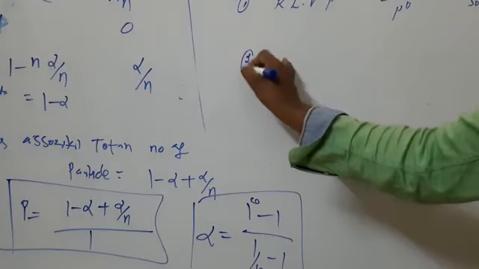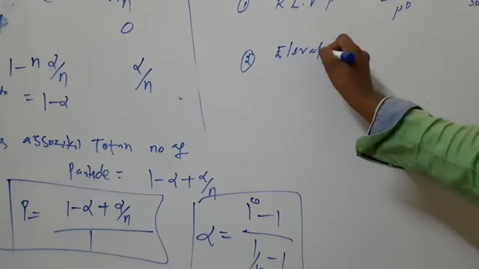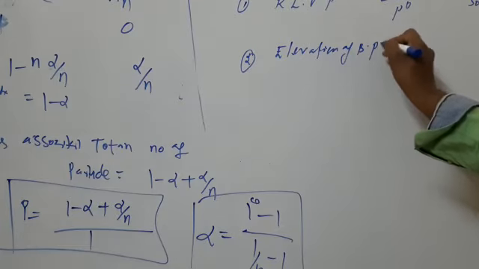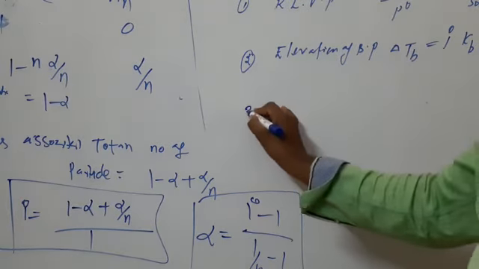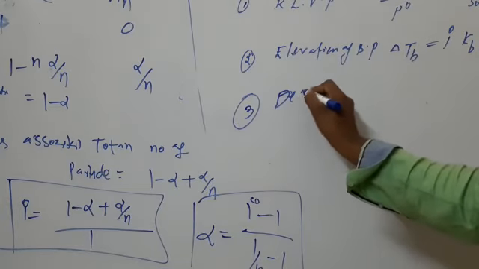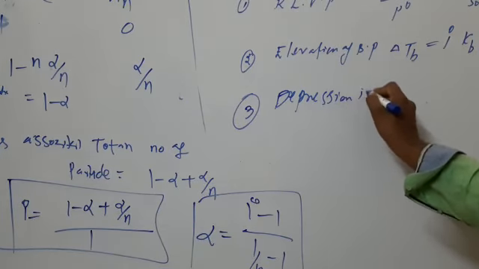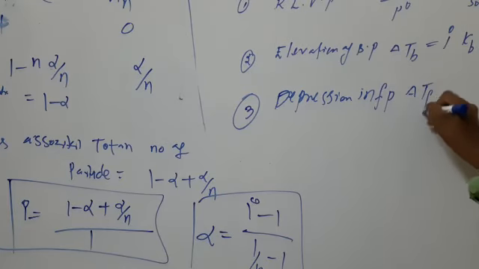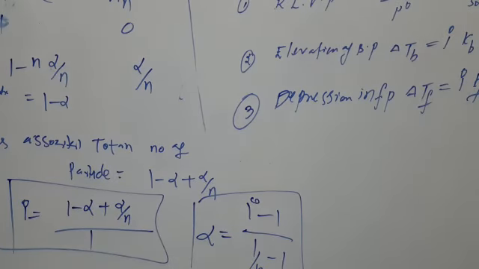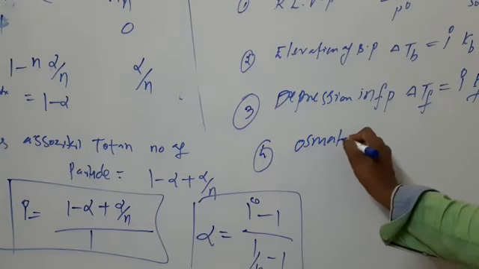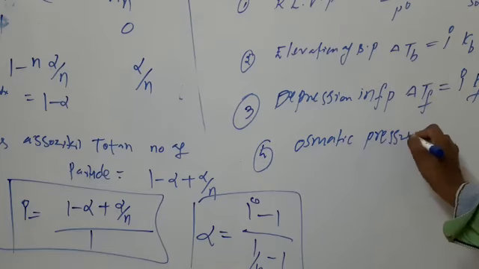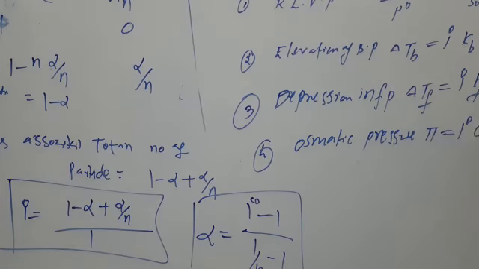Second, elevation of boiling point: delta Tb equals i into Kb, the ebullioscopic constant, into m. Similarly, third, depression in freezing point: delta Tf equals i into Kf into m. Fourth, osmotic pressure: pi equals i into CRT.